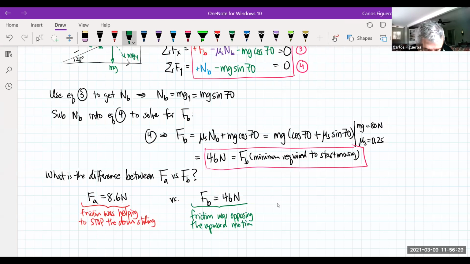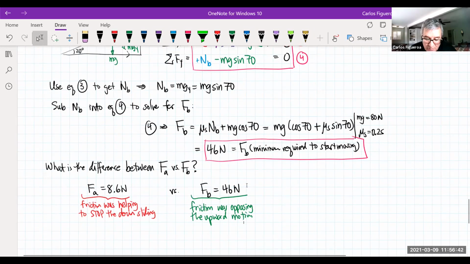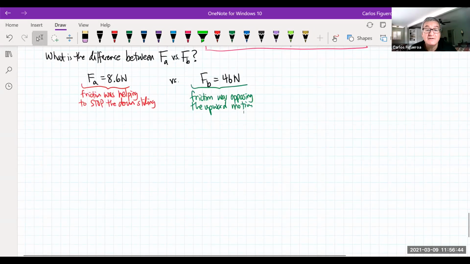So instead of helping to keep it up, it's actually working against to stop it from moving. And we have that one term, and that becomes an important term to actually look at this thing here. So one last piece to this problem.